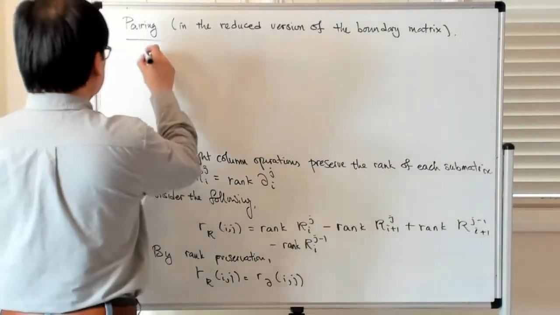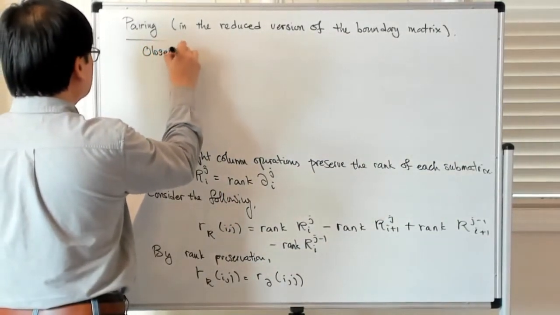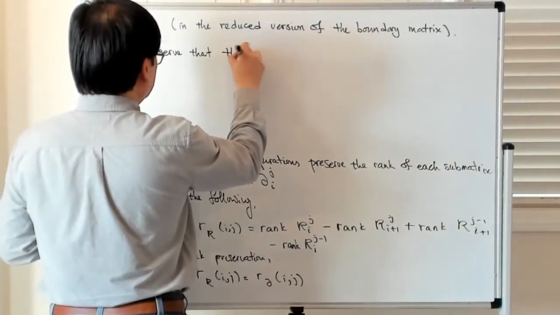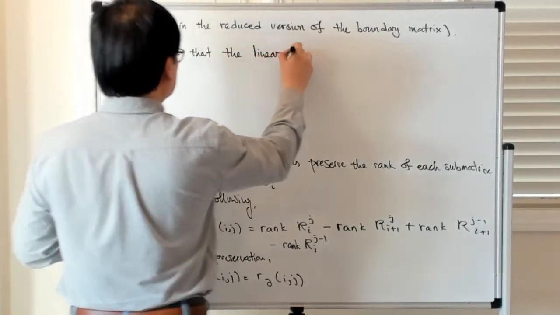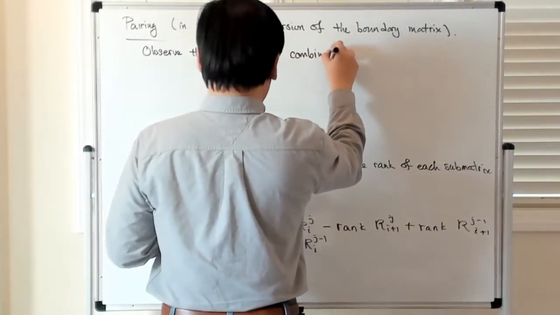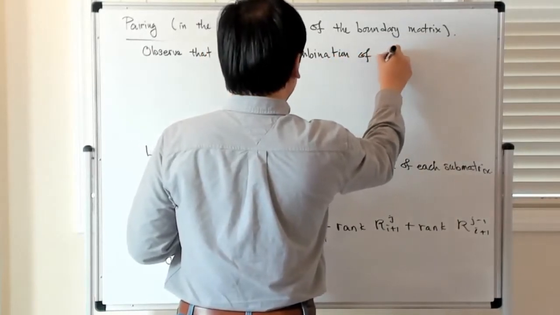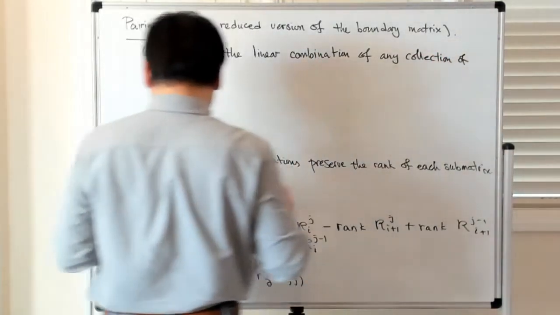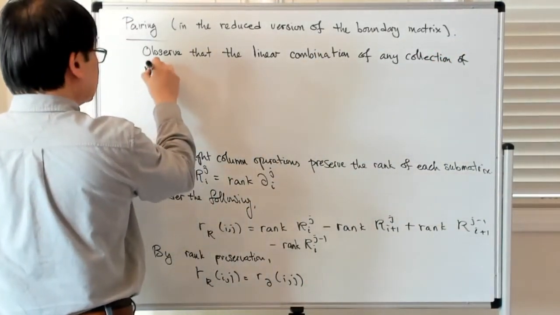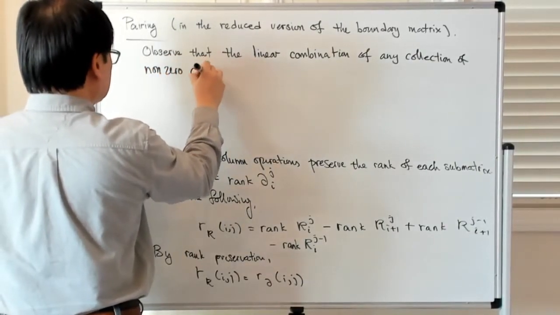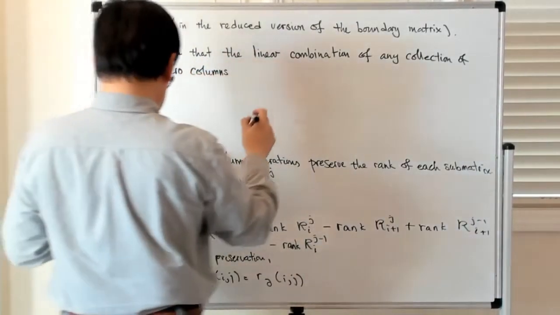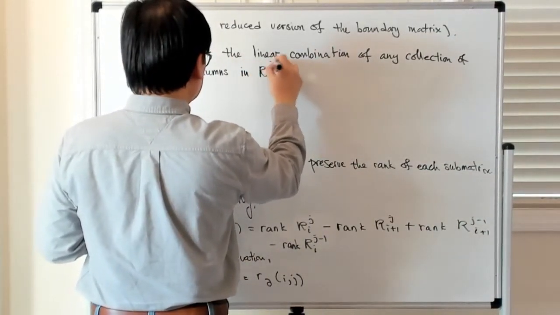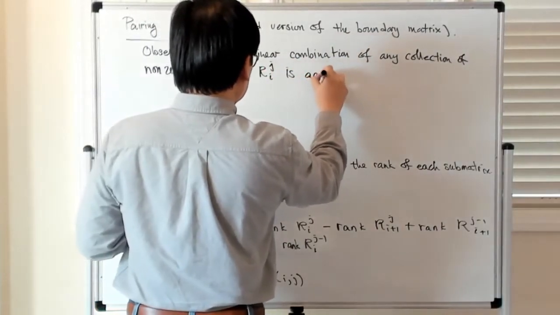So let's observe the following. Observe that the linear combination of any collection of non-zero columns in R_ij is again non-zero.